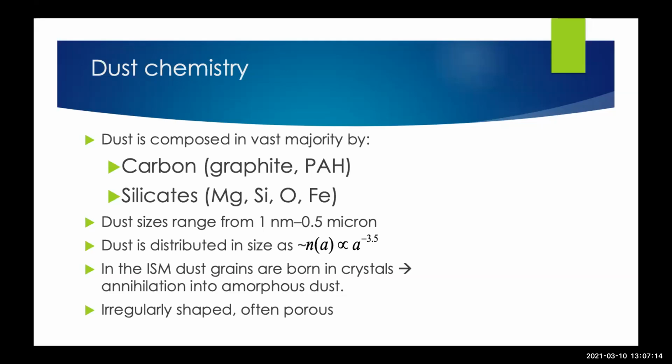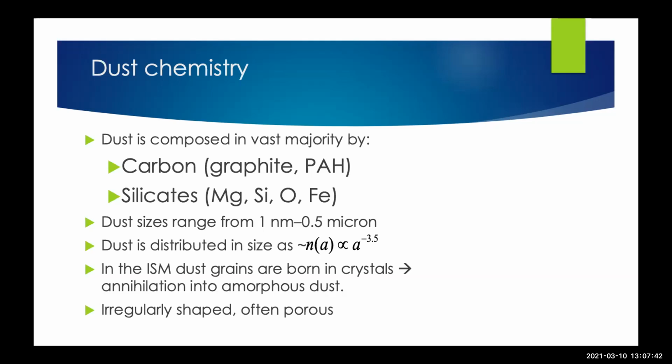The dust sizes range from 1 nanometer to approximately 0.5 microns, and these sizes are distributed as a simple power law, where a in this relation is the dust radius. This is a very simple way of parameterizing the dust size distribution.